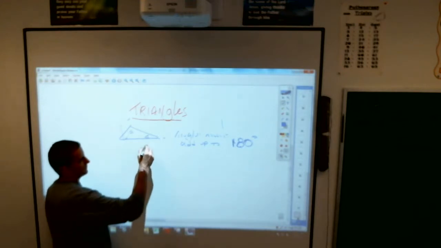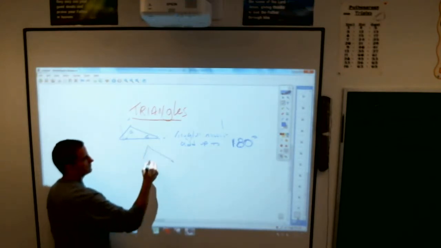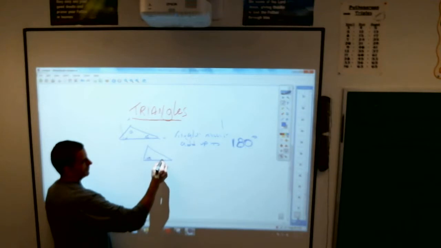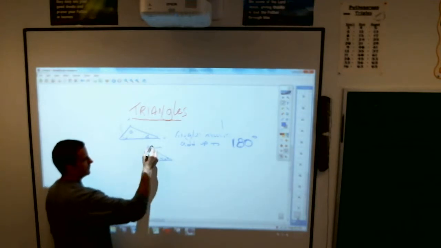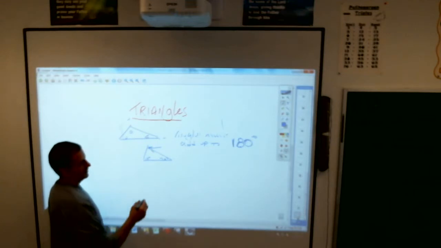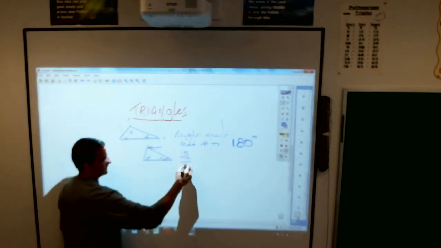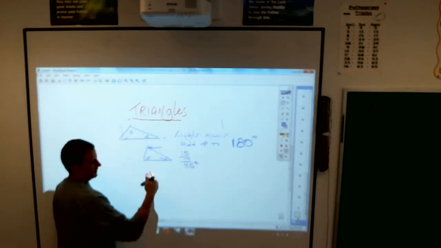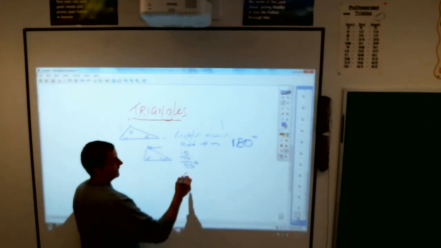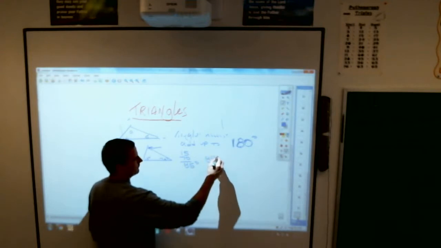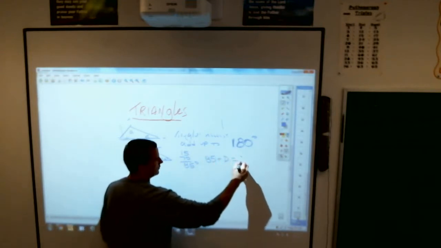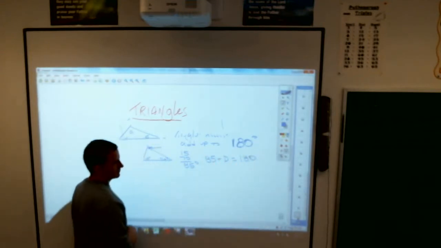So if you know this, so you've got this triangle, and you know this is 15 degrees, and you know that this is 70 degrees, how can you figure out how long that is? Well, you put your 15 with your 70, you know they add up to 85 degrees. The other one has to be what number added to 85? 85 plus how many degrees would give me 180?